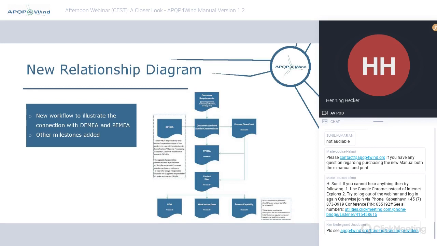So we added this graph to show the relationship and maybe a kind of workflow, so that you can see the requirements from the customer coming from the top and going through certain steps until you reach a certain level.